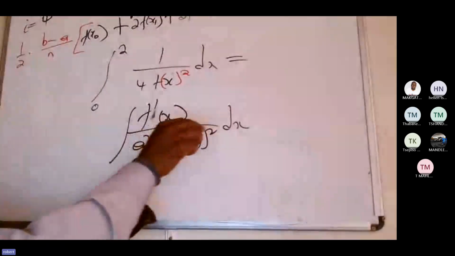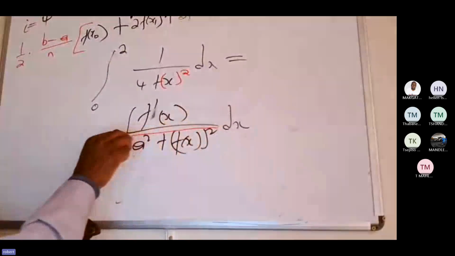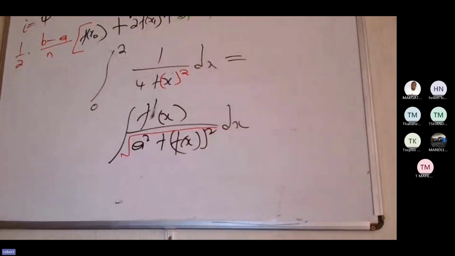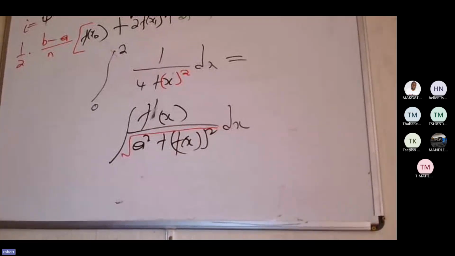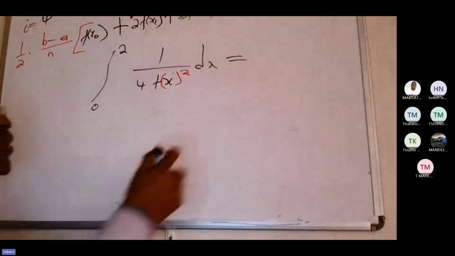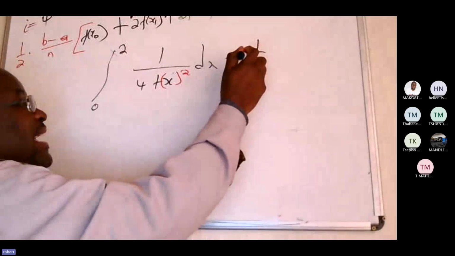And if you have got a square root here, then it will be another formula. Don't forget that. Because there is no square root here, the answer will now be 1 over a.